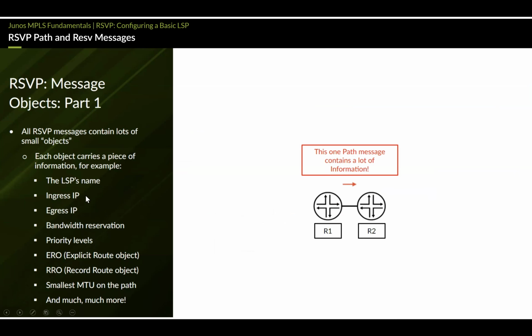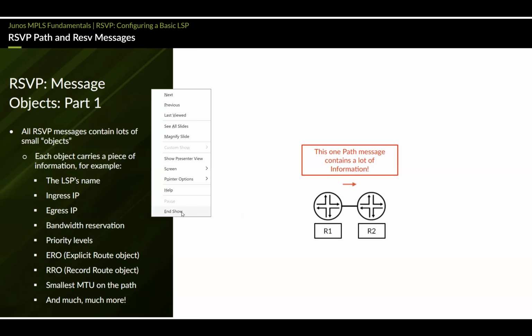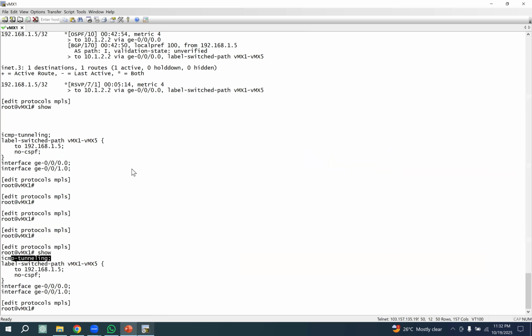Now the path message. All RSVP messages contain lots of small objects. Each object carries a piece of information, for example LSP name, ingress IP, egress IP, bandwidth reservation, everything stored.